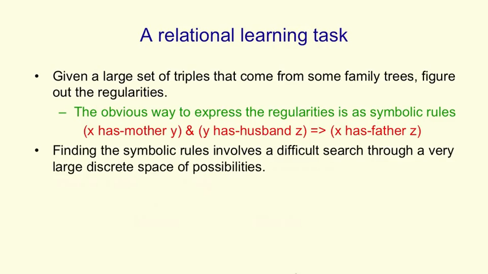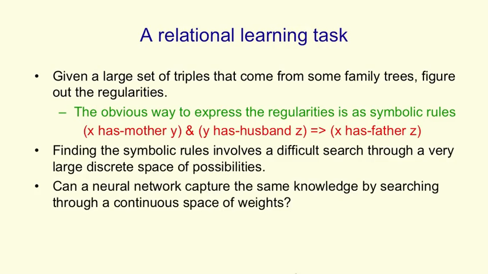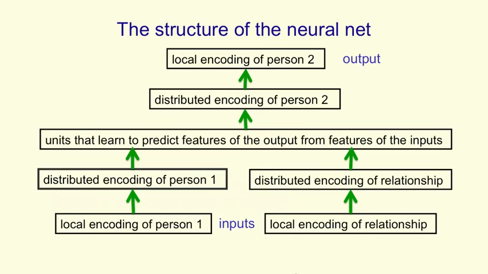of discrete possibilities. A very different way to try and capture the same information is to use a neural network that searches through a continuous space of real-valued weights to try and capture the information. And the way it's going to do that is we're going to say it's captured the information if it can predict the third term in a triple from the first two terms.